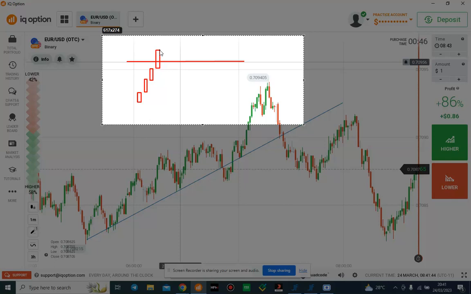A lot of traders might think, oh, this is a real breakout. But if the price rejects with a long wick, it's called a false breakout or fake breakout.